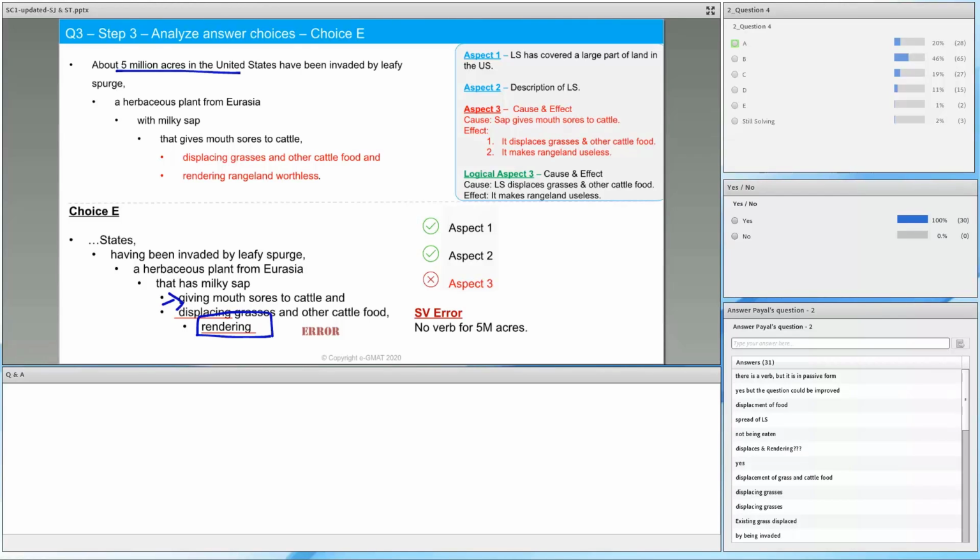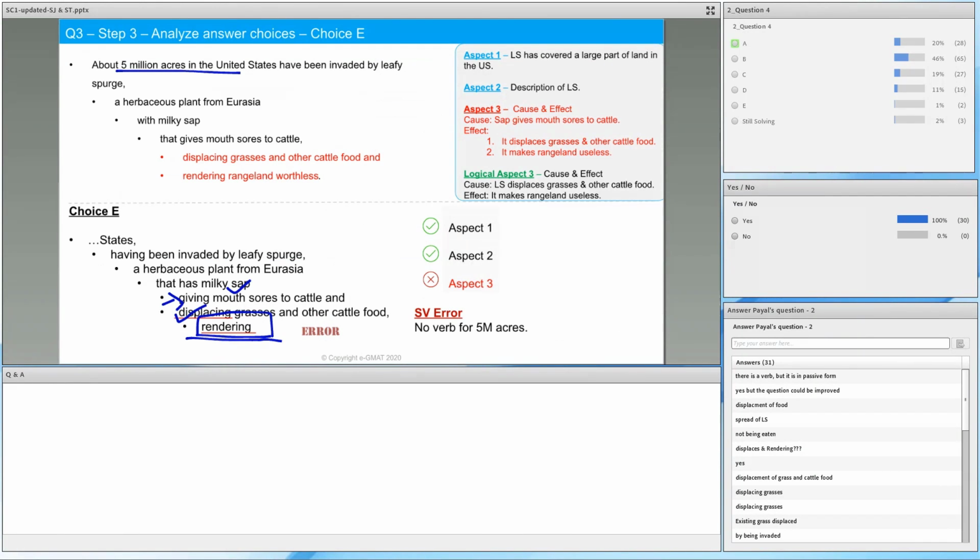Milky sap that gives mouth sores to cattle. So giving mouth sores is talking about milky sap. Yes, this part is logical. But then the next part of the sentence says milky sap displaces grasses. That does not make sense at all. So this part, logically, again, is incorrect. Once again, we don't know what rendering is talking about. Okay. So choice E again presents illogical meaning.